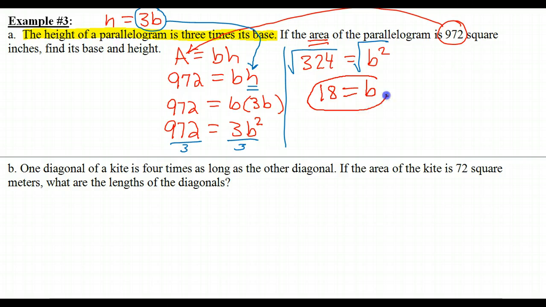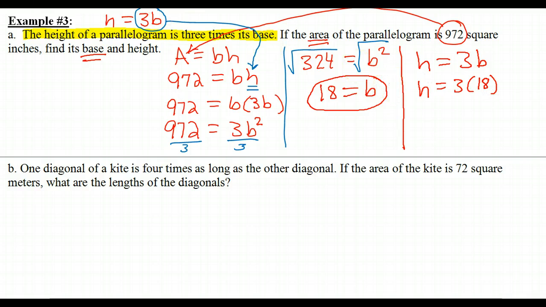Okay, so that's one of the things we were supposed to find. It says find its base and height. We just found the base, now we need to find the height. Well, remember this little formula that we have? Let's write that down again. The height is 3 times the base. So now that we know that the base is 18, that tells us the height should be 3 times 18.